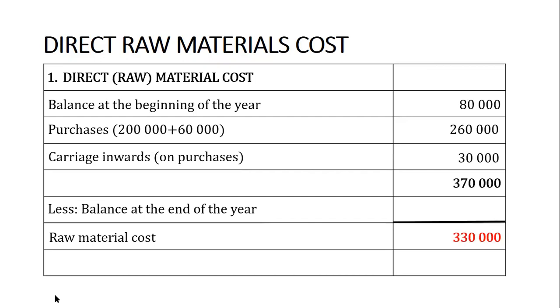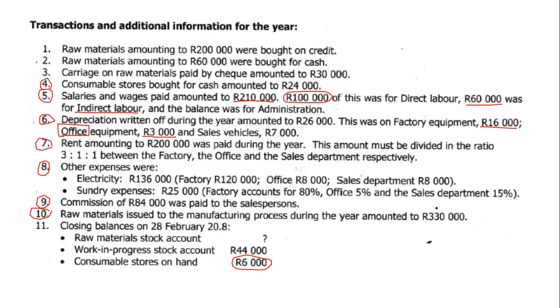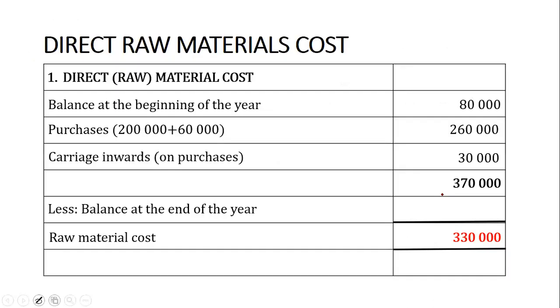Note that the balances at the end of the year, number 11, for raw materials, is a question mark. So we don't have raw materials at the end of the year. That's why we only have raw materials issued to production.